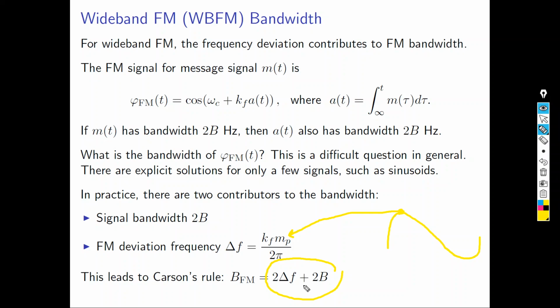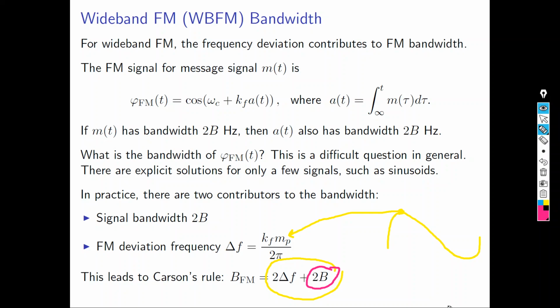Yes? So what's the difference here between wideband and narrowband? The difference is that wideband has bandwidth equal to 2b plus 2 delta f, while narrowband has bandwidth equal to 2b only.